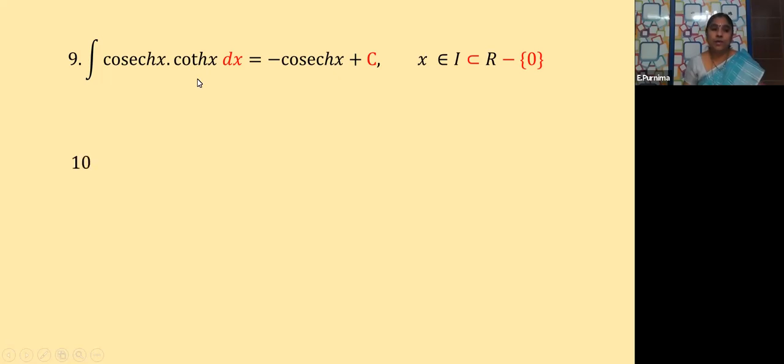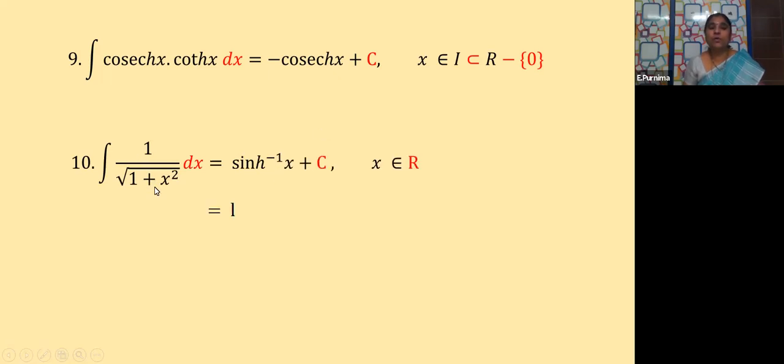Next one, what is the 10th formula? Integral 1 by under root of 1 plus x square dx is equal to sin h inverse of x plus c.